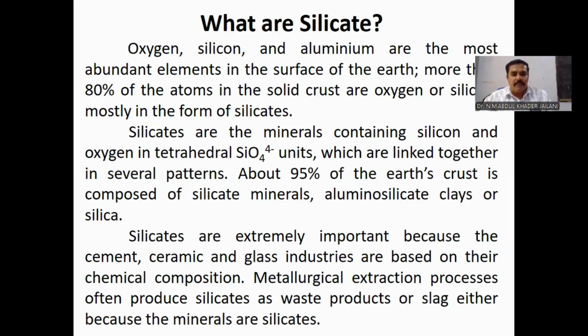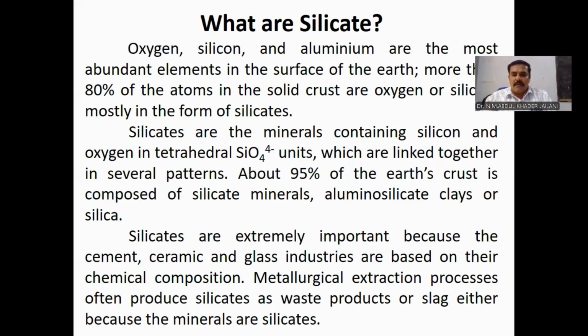For example, on the seashore, we see a lot of sand. The sand mostly consists of 80 to 90% silica in the form of silicates. So silicates are the minerals containing silicon and oxygen in a tetrahedral structure having the general formula SiO4 4-, which are linked together in several patterns.